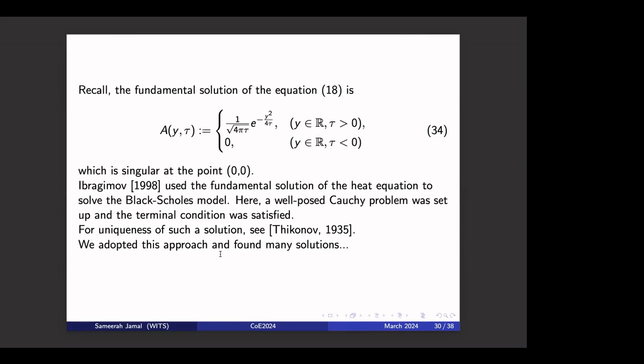And in fact, this was used on the Black-Scholes model in 1998 by Ibragimov, who also used symmetries and transformations to the heat equation to solve a Cauchy problem involving the Black-Scholes model. This Cauchy problem is well posed. It has a unique solution, which is guaranteed by some theorems from Tikhonov. And so we were able to follow a similar approach, with some ad hoc techniques adopted as well, for the CEV model.